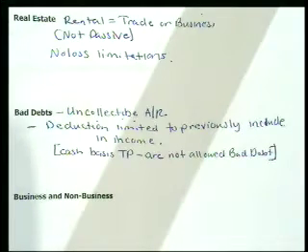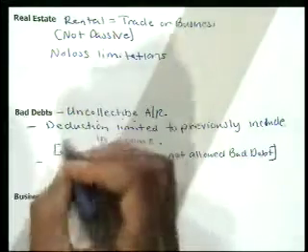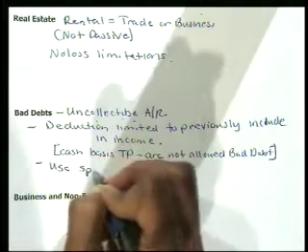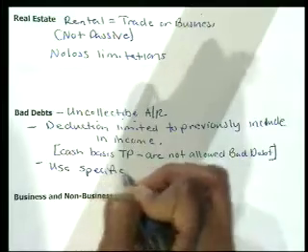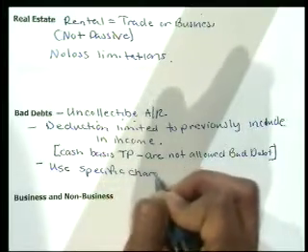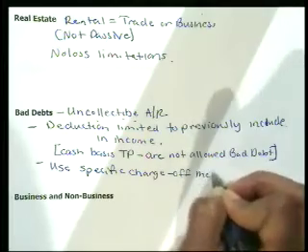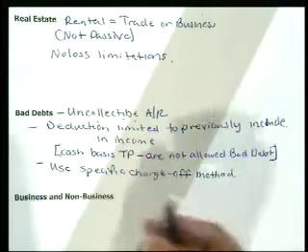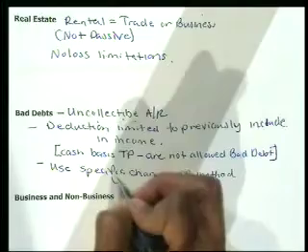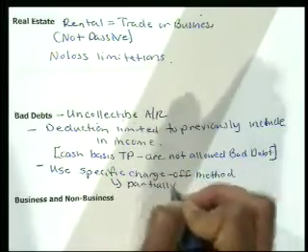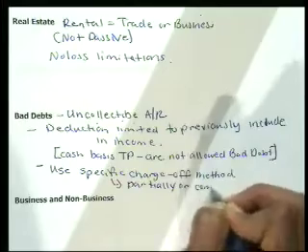Okay. And so with these bad debts, you can take the deduction. You want to use the specific charge-off method to do so as you take these bad debts. Okay, and so basically you want to deduct them as they become partially or completely worthless.